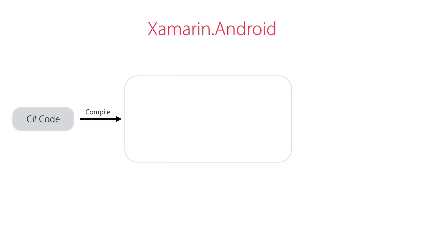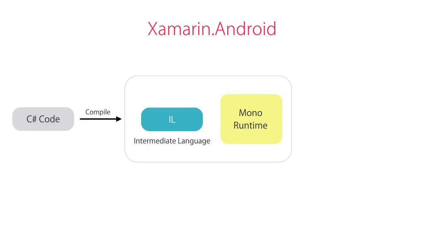When you build an application with Xamarin.Android, the Xamarin C# compiler compiles down your C# code to intermediate language, or IL. It also embeds the Mono runtime with your application. This Mono runtime is similar to the CLR that you should probably be familiar with.